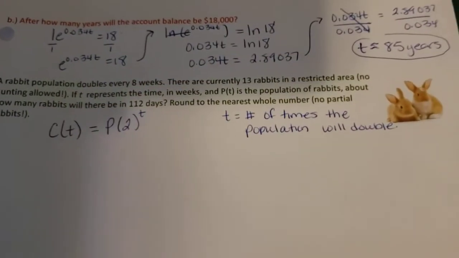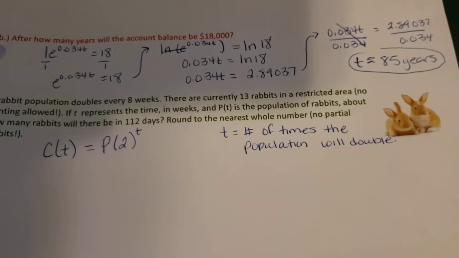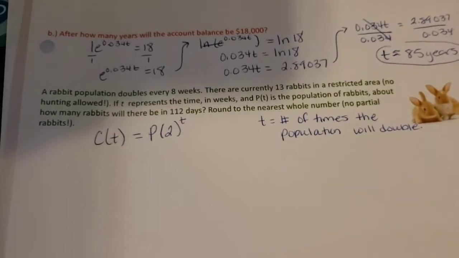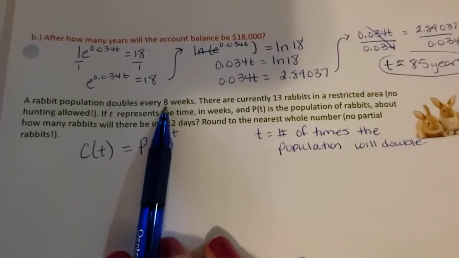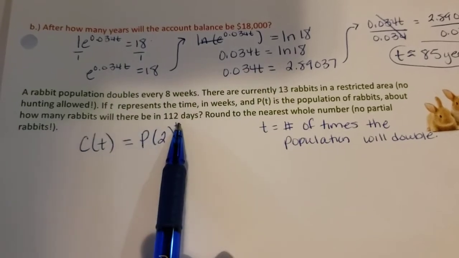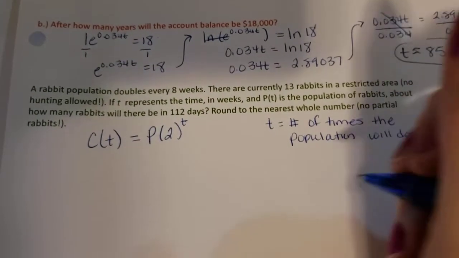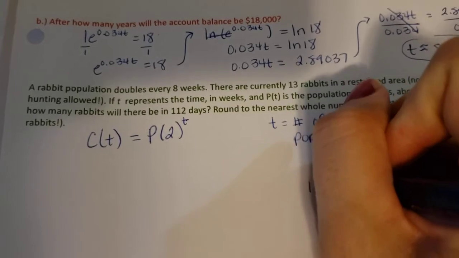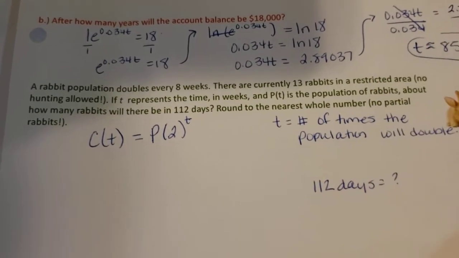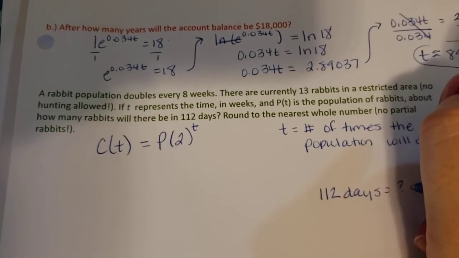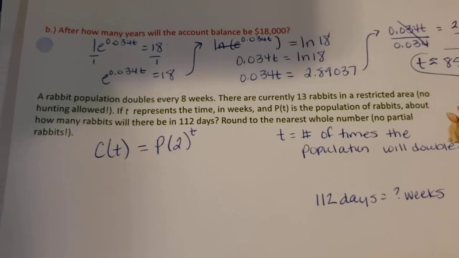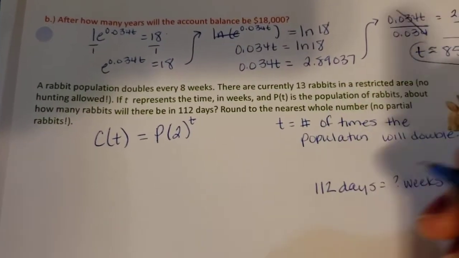So in other words, the number of times that our rabbit interest is calculated. So it's calculated every 8 weeks, but we want to know 112 days. So I need to know how many weeks.